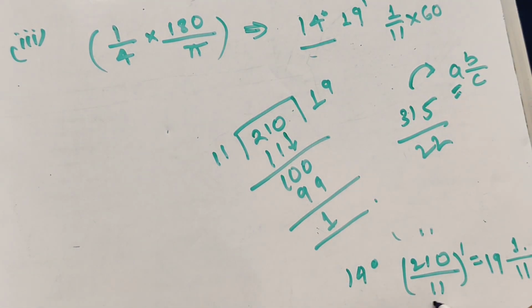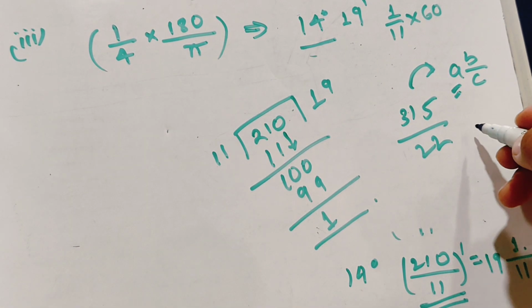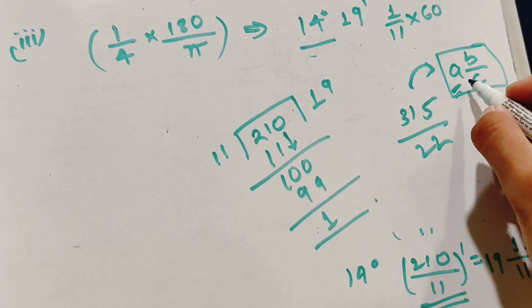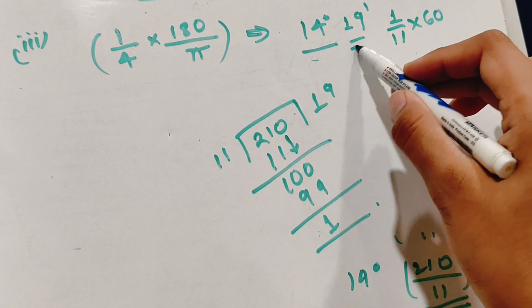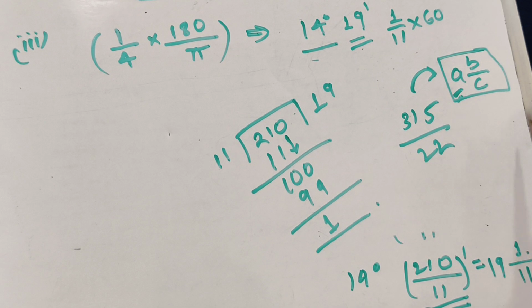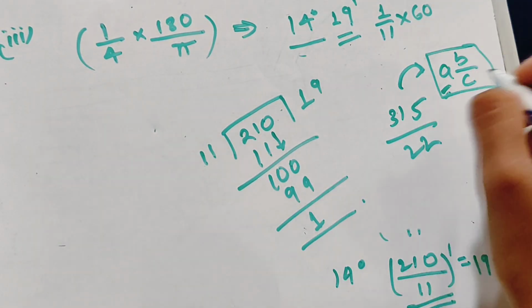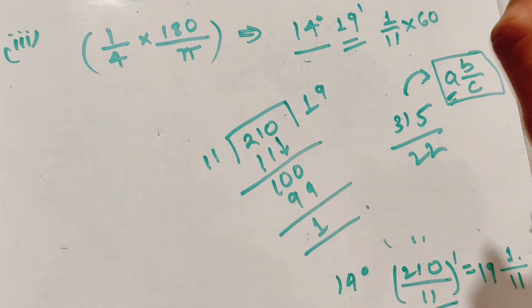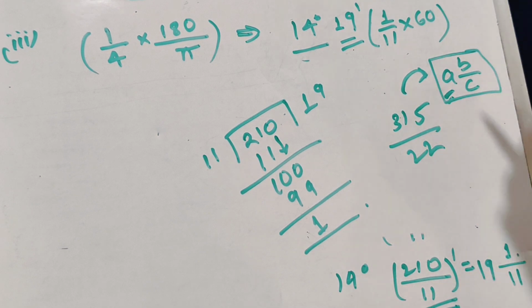So this is the fraction that we got, and we again converted it to a mixed fraction, and then again we picked up this portion and said that it is the minutes portion. Now again we have a fraction over here, and again I will multiply it with 60, because I know that 1 minute is 60 seconds. And now I will multiply it with 60, and again what will I get?